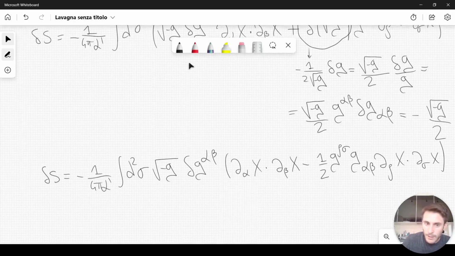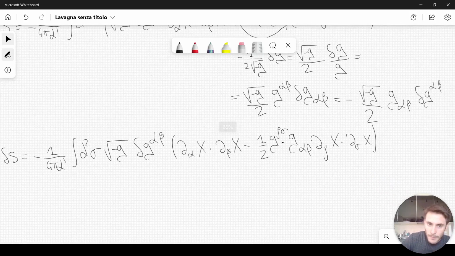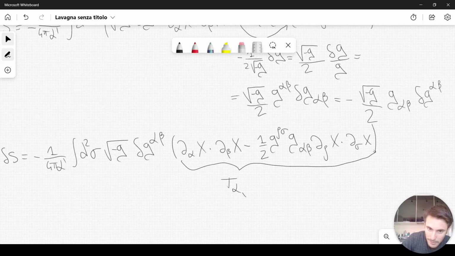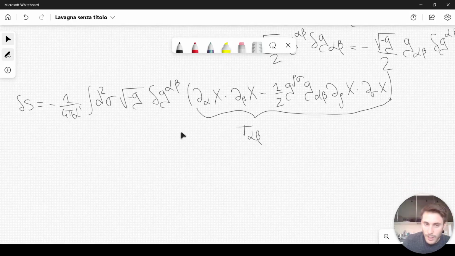Now this term here in parentheses, we will call it T_{αβ}. And in order for the equations of motion for g^{αβ} to be satisfied, we have to set T_{αβ} equal to 0.